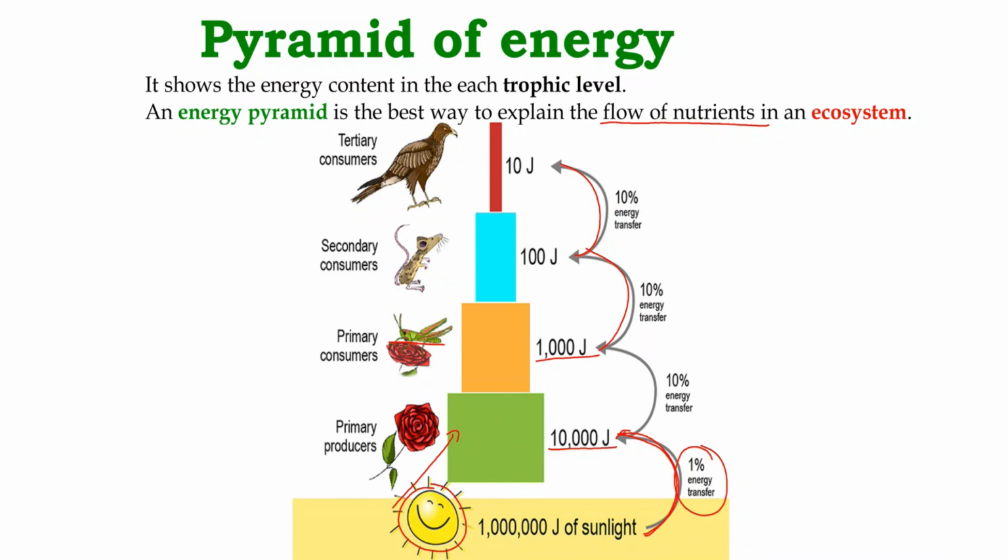So what we gained from this lesson: an ecosystem has living and non-living things in an area. The non-living things are abiotic factors like wind, temperature, water, soil, air. Living things are in three groups: producer, consumer, or decomposer.